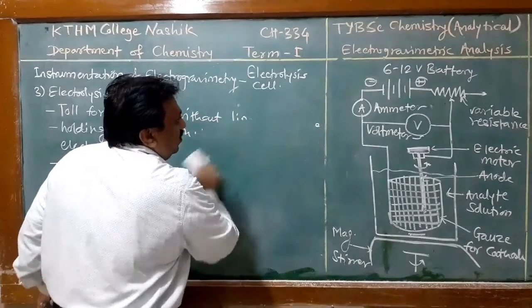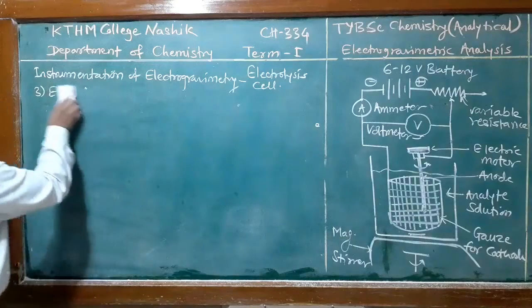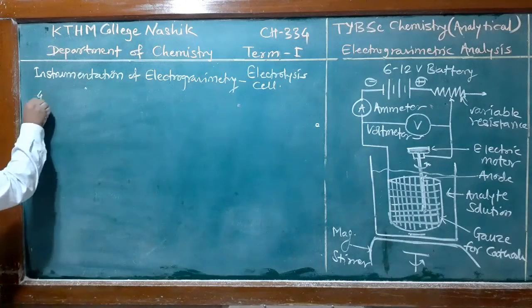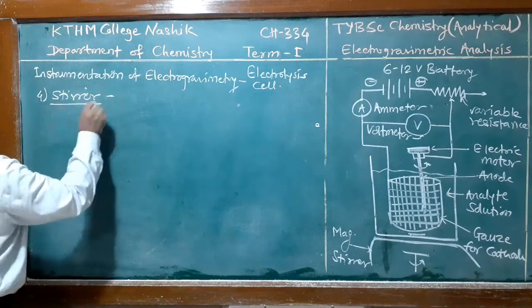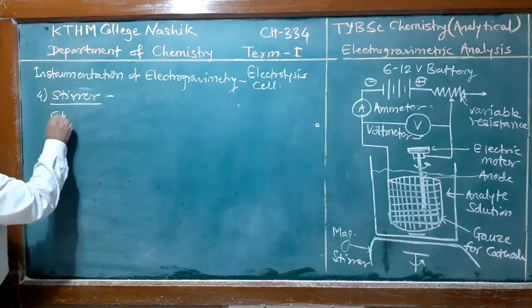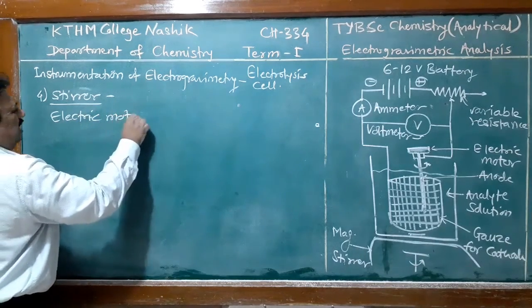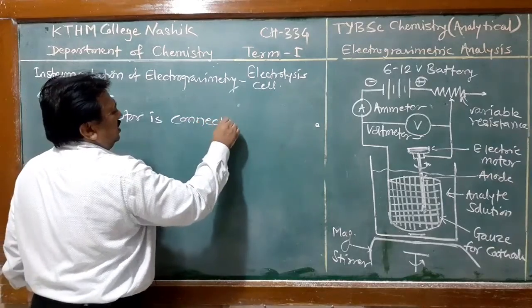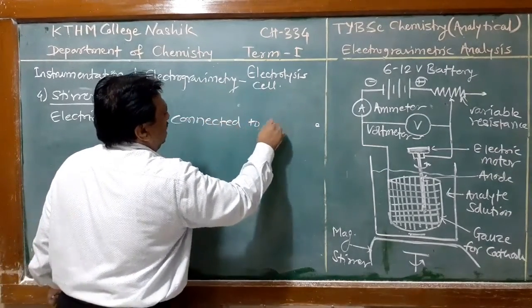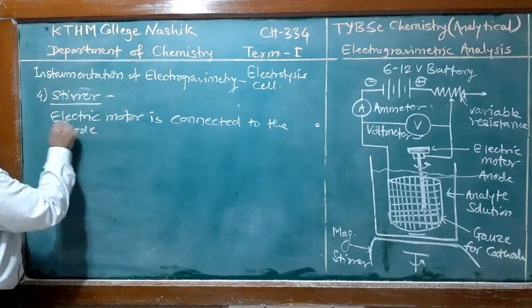Now, the fourth component of the electrolysis cell is the stirrer. Generally, if an electric motor is connected to the anode, that will act as a stirrer.